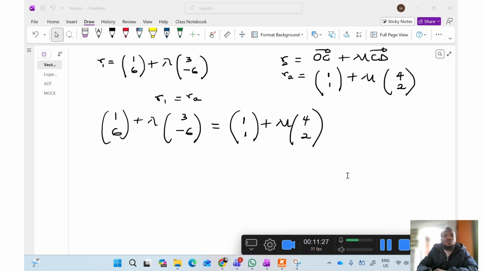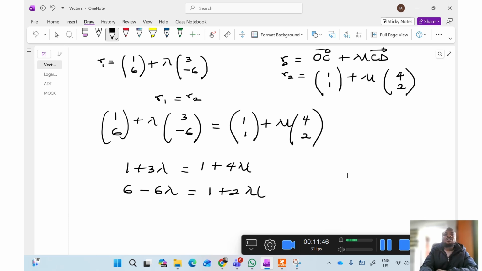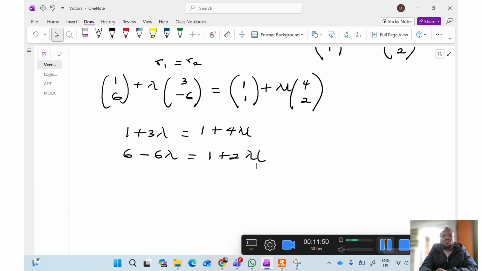Doing this results in 1 plus 3 lambda equals 1 plus 4 mu, and 6 minus 6 lambda equals 1 plus 2 mu. So you have to solve these simultaneous equations using any of the methods I mentioned earlier. Solving this results in lambda equals 2 over 3.